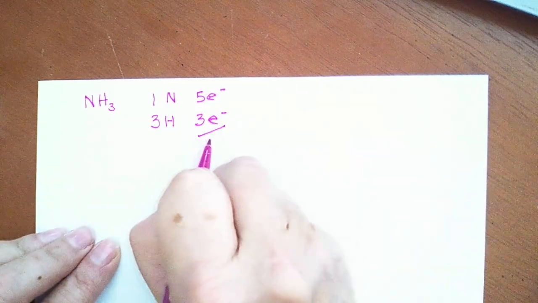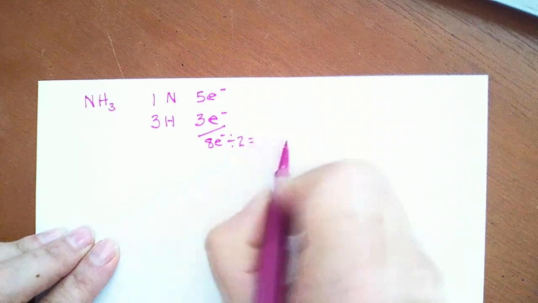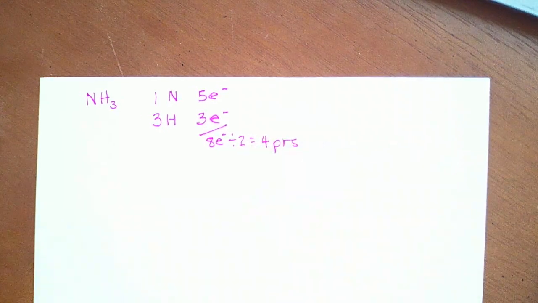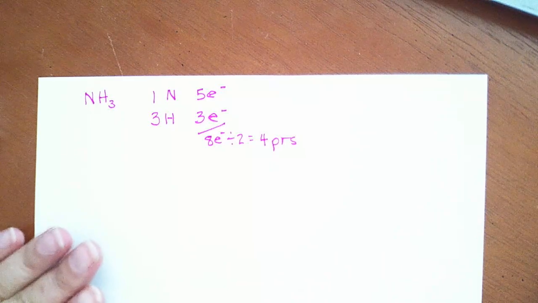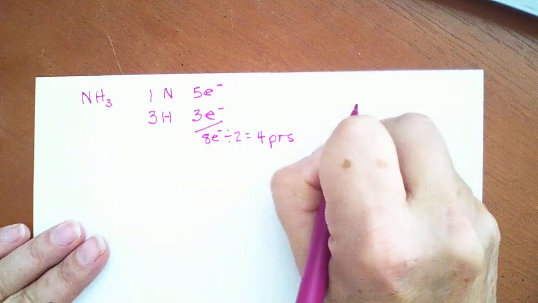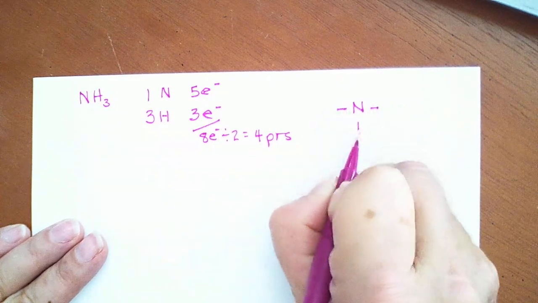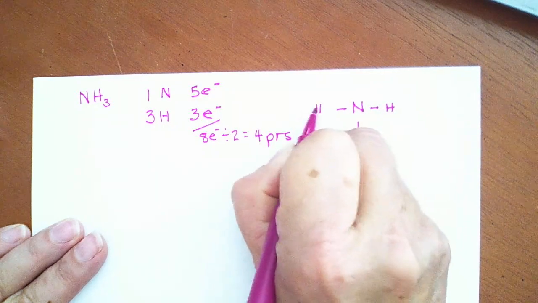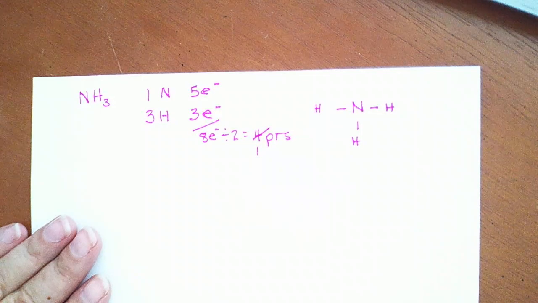So that's a total of 8 electrons divided by 2 equals 4 pairs. I look at the periodic table, but I don't even have to because I know that hydrogen is terminal. So that means nitrogen will be in the middle. Each hydrogen will have 1 bonding pair attached to it. I subtract them, which leaves me with 1 pair left.